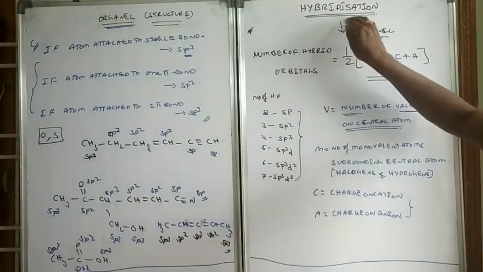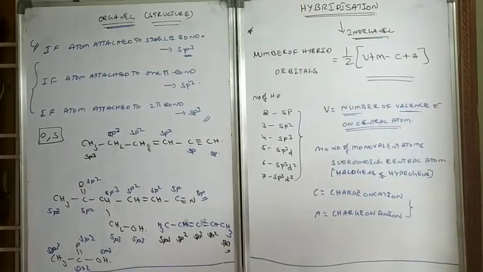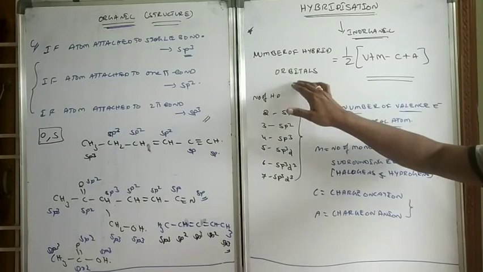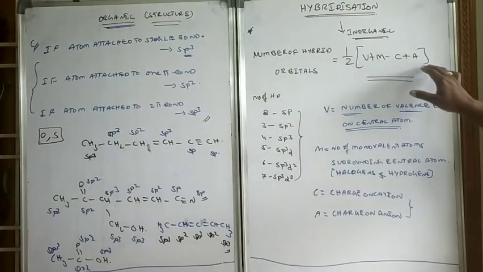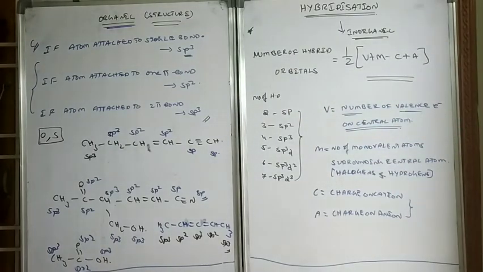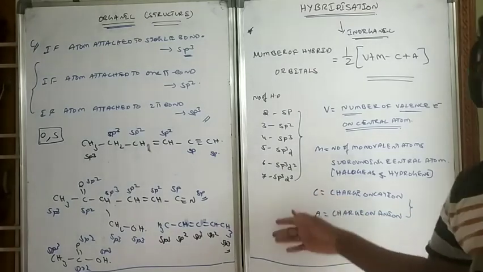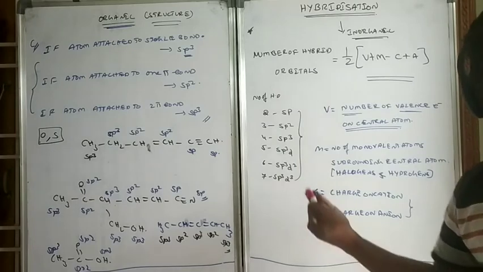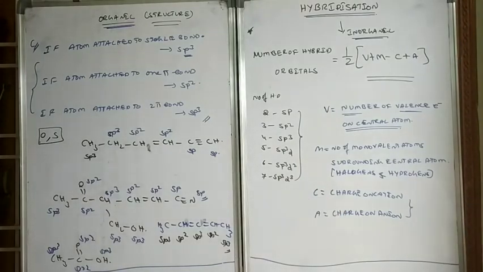So how to identify hybridization in inorganic compounds? That is, the number of hybrid orbitals is equal to half into V plus M minus C plus A. By using this you can identify. Now we will see different examples for this. Take down this for 1 minute.